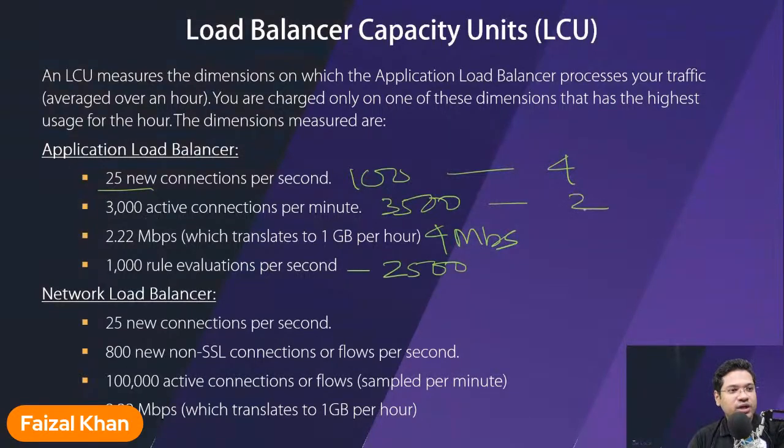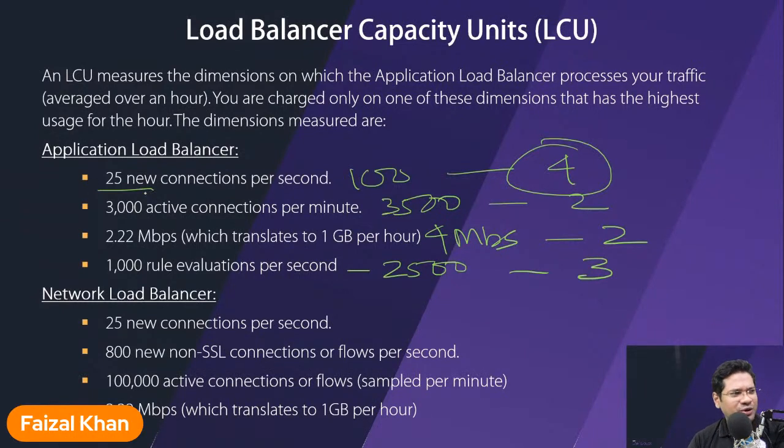And this is 2 LCUs, because 3,000, 3,000, 6,000, so under 6,000, so it's 2 LCUs. And 2.22 and 4 megabits per second, so this is also 2 LCUs, and 1,000 rule evaluations, this is 2,500, so this is 3 LCUs. Okay, so you are basically going to get charged for the biggest LCU, which is 4. So you're basically going to get charged 4 LCUs based on how the consumption works.